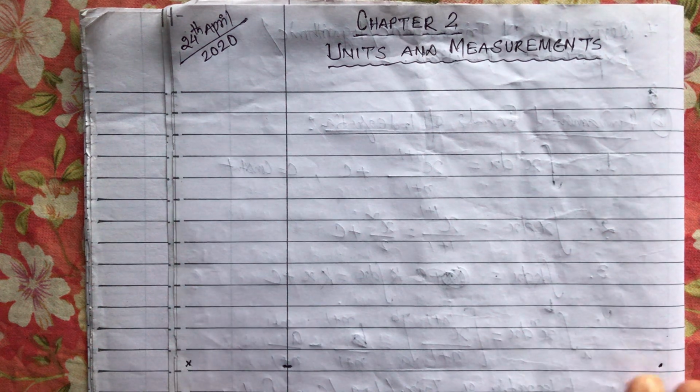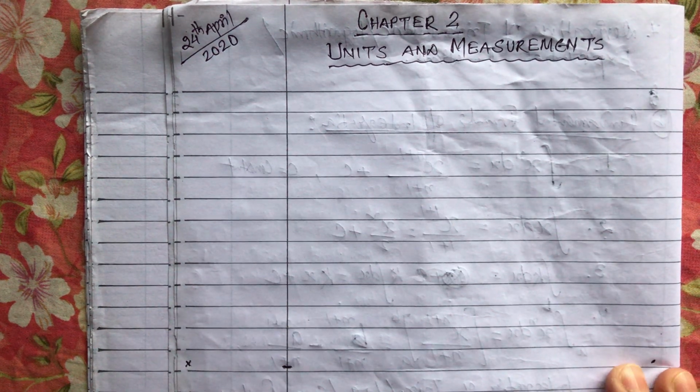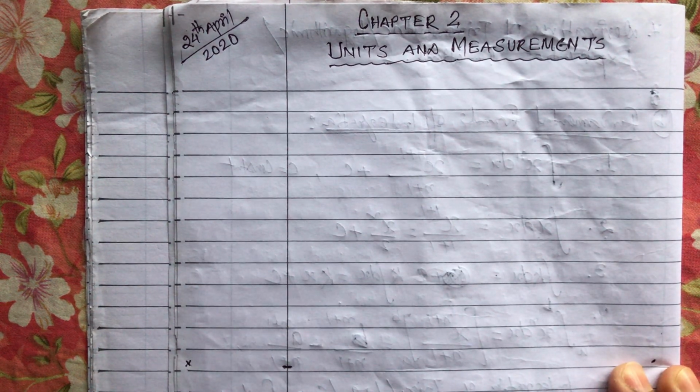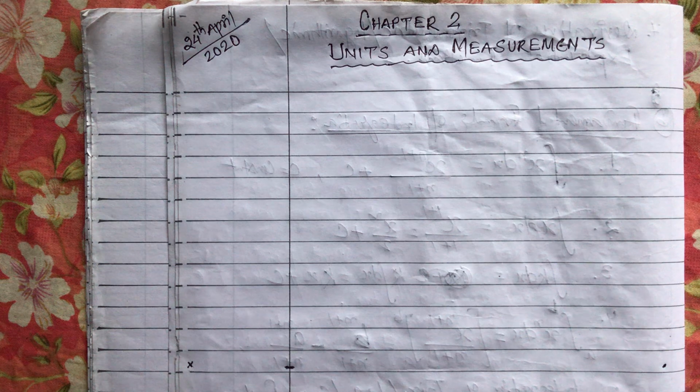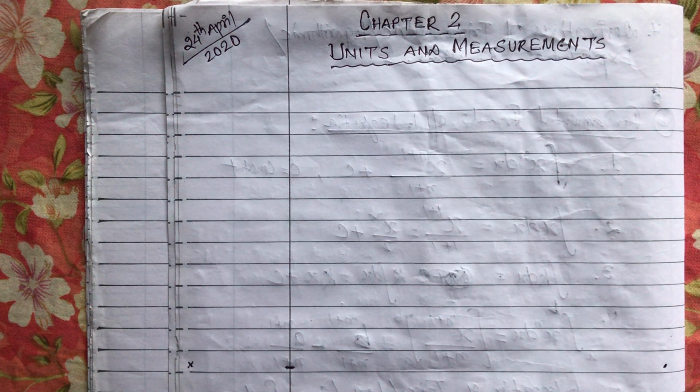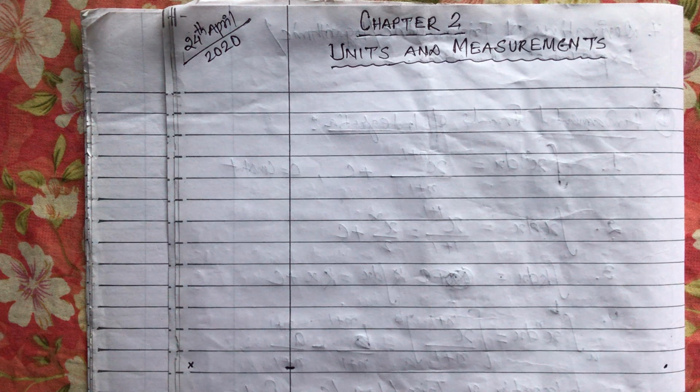First, we will discuss some important terms, and then we will move into units and measurement. So as I said, important terms. First of all, we must know very basic terms here.